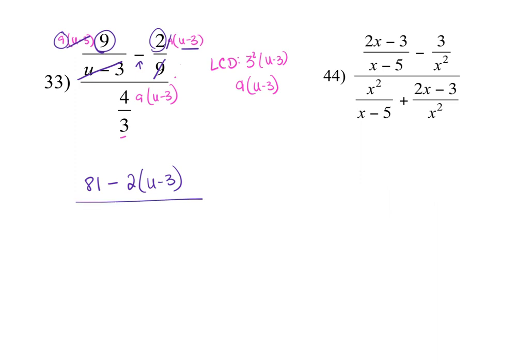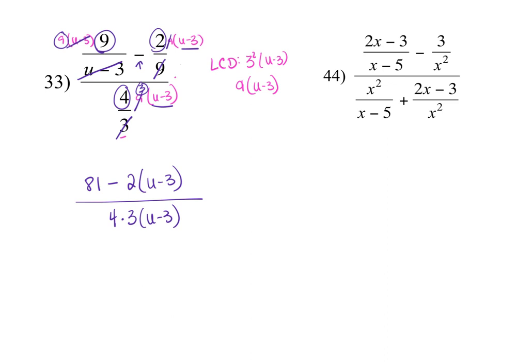Let's look at the denominator. In the denominator, the 3 and the 9 will reduce. This cancels completely. This reduces to 3. So I have 4 times 3 times u minus 3. You cannot cancel anything right now. You cannot cancel the u minus 3's because there's a plus or minus. I'm just going to distribute and simplify.